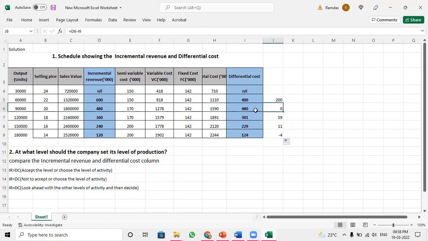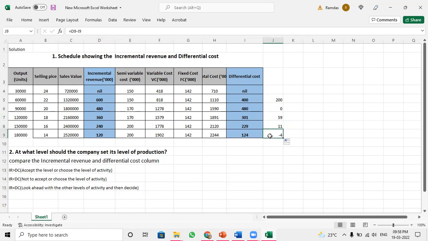In the next level, you have both are equal. And in the next level, you have a positive, incremental revenue is more than differential cost by 59,000. And in the next level also, the incremental revenue is more by 11,000.